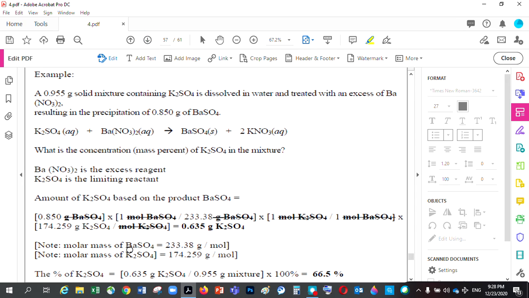Here's just a similar example. If I have 0.95 grams of solid mixture containing potassium sulfate dissolved in water and treated with an excess of barium nitrate, resulting in precipitation of 0.850 gram barium sulfate.